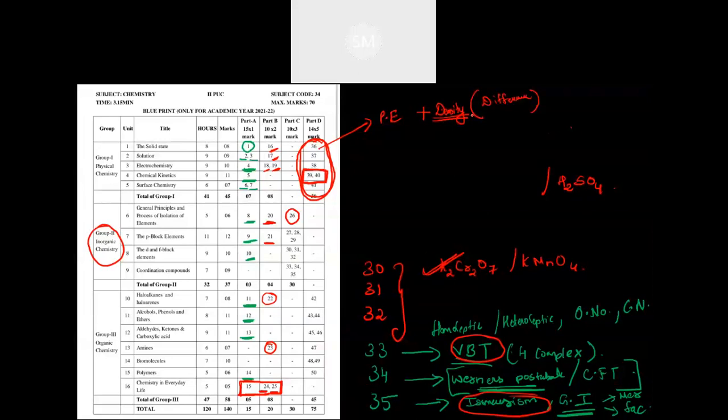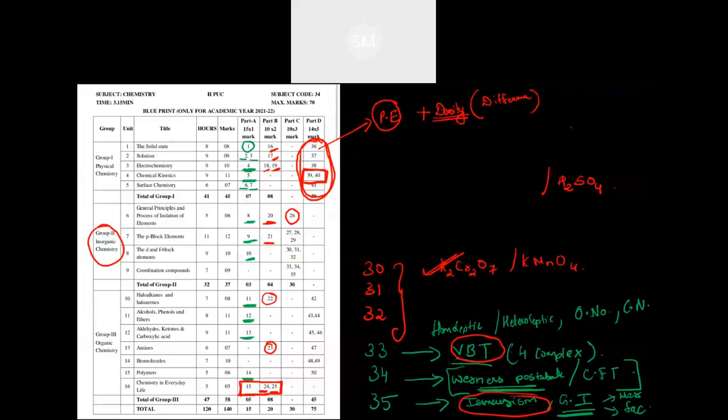These are the possible pairs. Those 2 marks can change, but packing efficiency is for sure. That's fixed, so 3 marks is in your hand. Along with that, I can't say which 2 marker it will be, it can be anything.